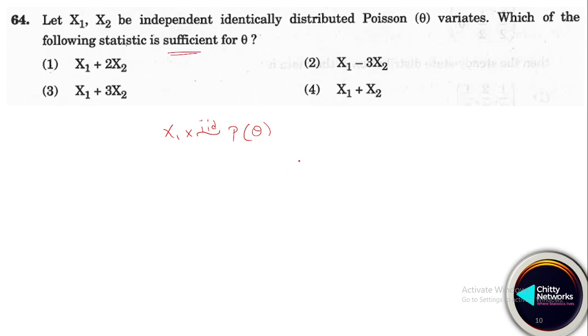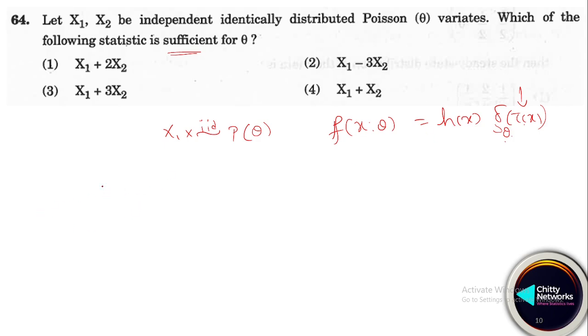We know that by the Neyman-Fisher factorization theorem, if you are able to write any PDF or PMF f of x, theta as h of x into g theta of T(x), then this T(x) will be your sufficient statistic for the parameter theta. We should be able to segregate the sufficient statistic and function of theta as one function, and h of x is just a function of the sample observations.